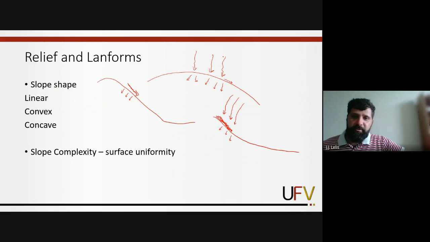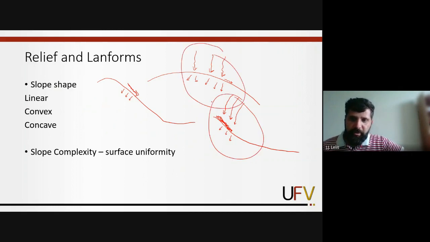Okay, these two conditions are quite common, the convex and concave slopes, and this linear shape is not so common. It's typical from tectonic areas, but we also can find it in some areas with different rocks, like if I find here some sandstones, and here some granites.